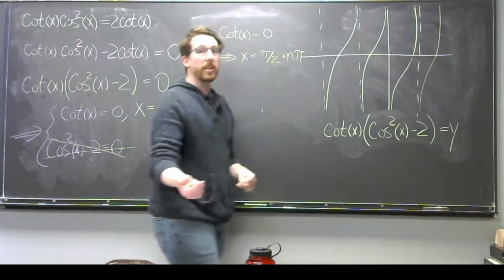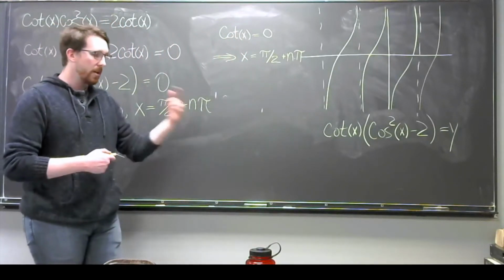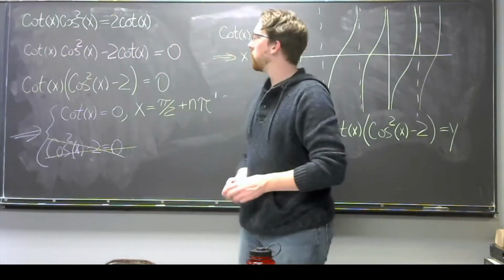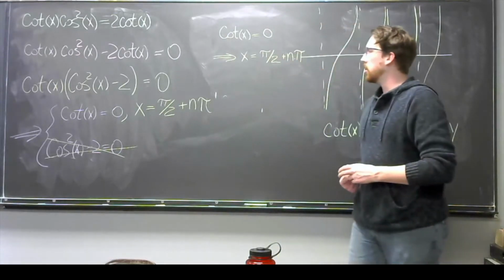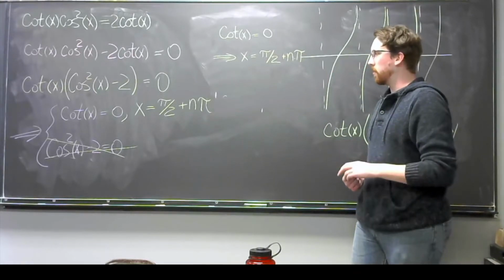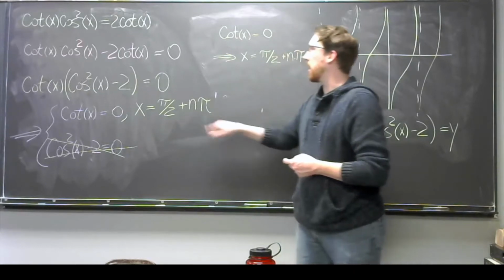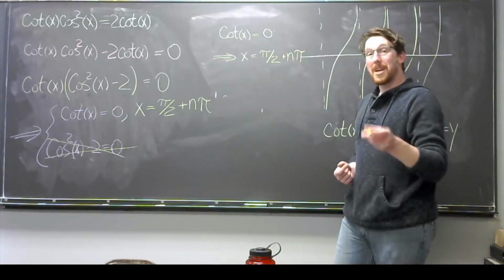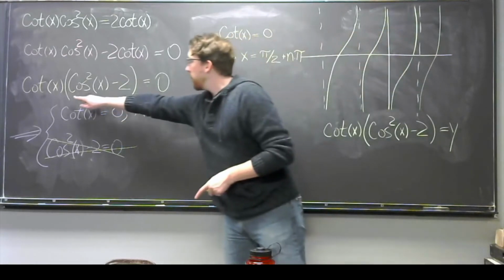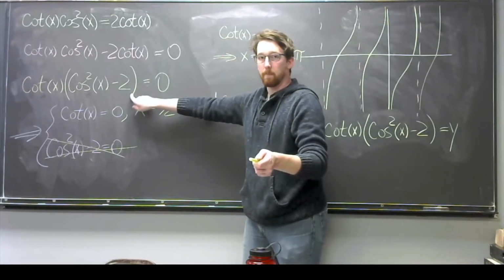Now we could have also seen that by drawing the graph of cotangent and looking at that and saying that, yeah, we repeat this 0 every pi interval. So again, cotangent of x is equal to 0 whenever x is equal to pi over 2 plus n pi. And what all of this means together is this part can never be 0. Never, ever.